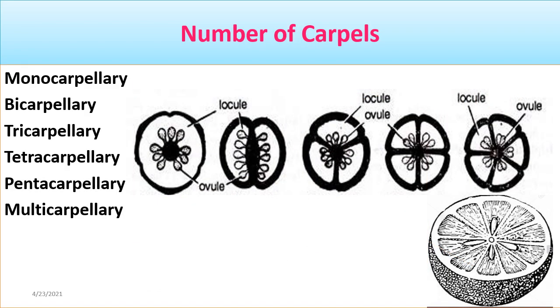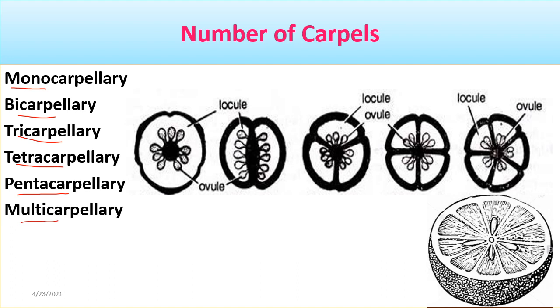So first of all, the number of carpels is actually considered. Now there are 6 different types: monocarpellary, tricarpellary, tetracarpellary, pentacarpellary and multicarpellary.